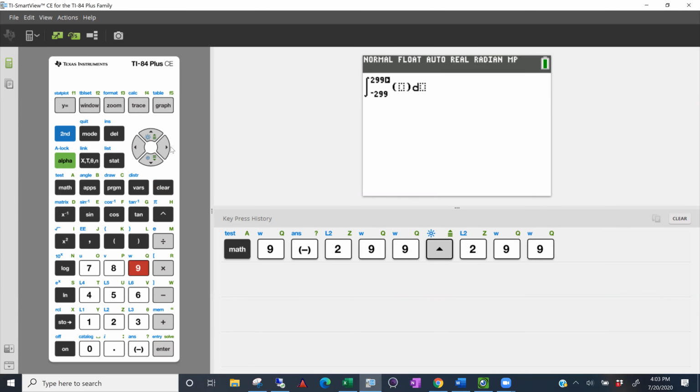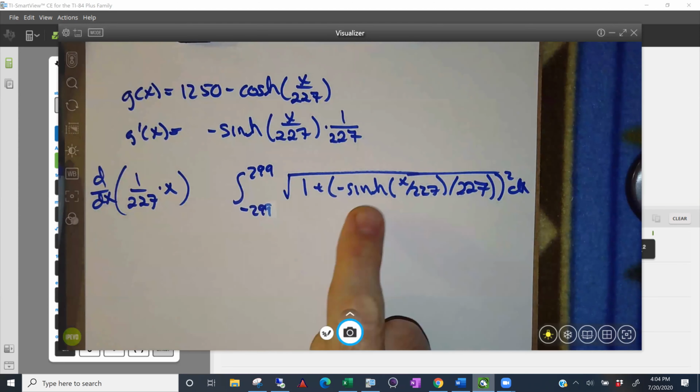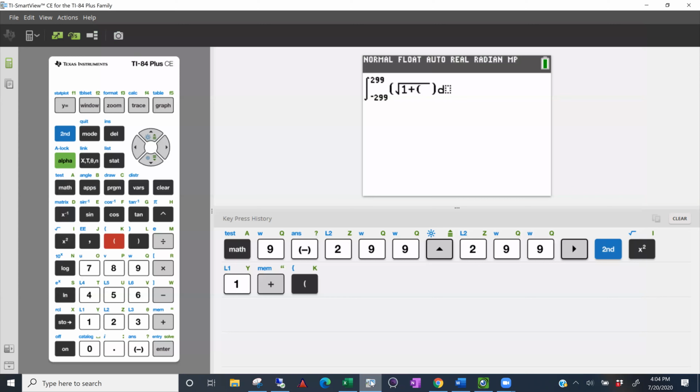Right arrow takes you to the integrand. Second, and then the square root of 1 plus, and then I need a left parenthesis. I'm not going to bother to put in the negative here, because when you square a negative, it becomes positive anyway, so it really isn't going to matter in terms of our calculation.